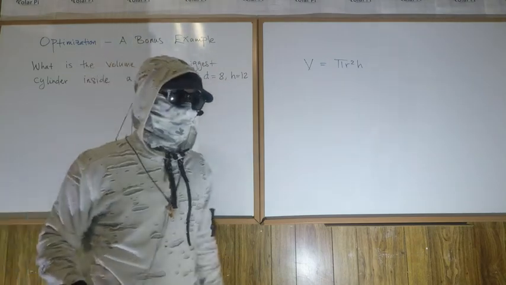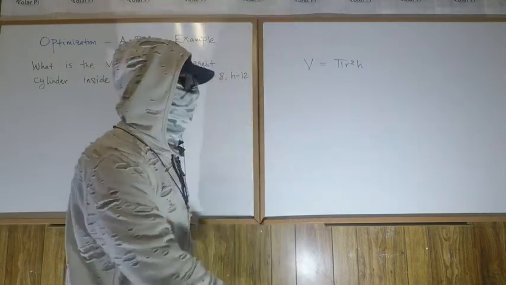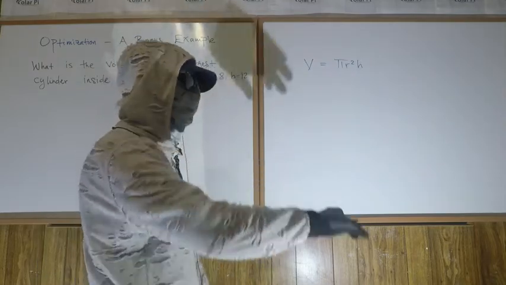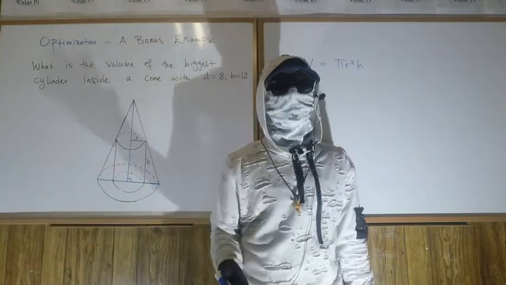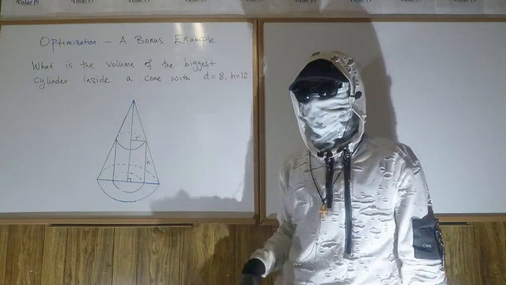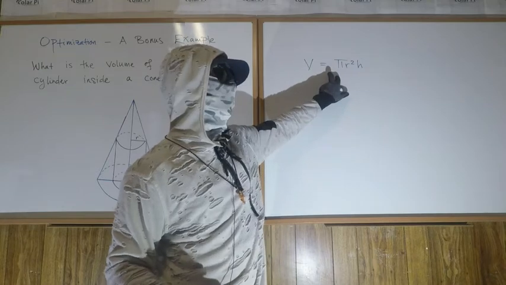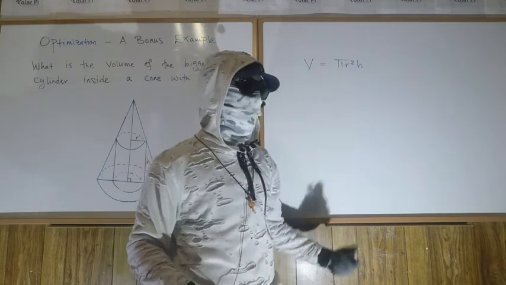If your solid has uniform cross sections horizontally, like in a cylinder where they're all circles of the same radius, then the volume is one of those cross sectional areas, pi r squared, times height.